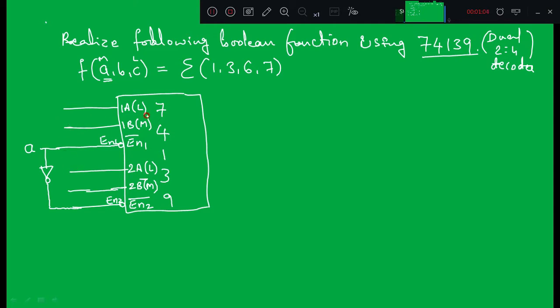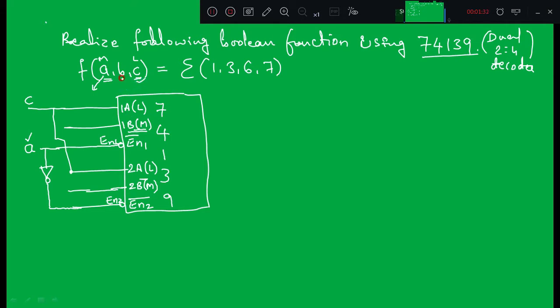Next, among these two inputs, one A is LSB, and the LSBs need to be shorted. So I'll short LSB with LSB, and it has to be connected to LSB, which is C. Similarly, for the remaining input, which is MSB, here the remaining input is 1A, small a, and small c I have used.